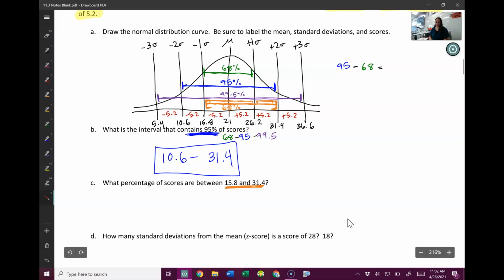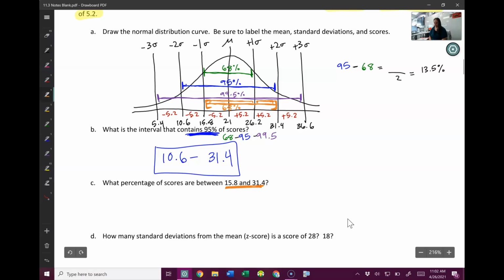So whatever this answer is, I just need to take it and divide it by 2, and that should give me how much this 1 is. So 95 minus 68 divided by 2, and you'll find that that actually equals 13.5%.